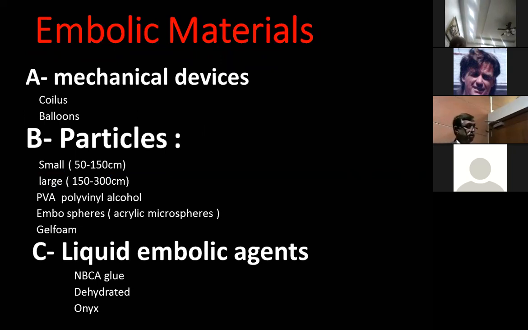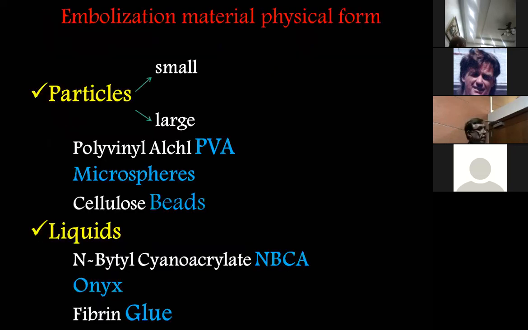Spheres, gel foam, PVA are examples of these particles. Or liquids like Onyx or NBCA, a butyrate acrylic material. So the particles, small or large: PVA, microspheres, beads. Liquids, as I said: NBCA and Onyx.